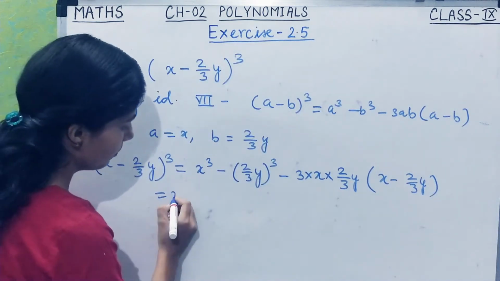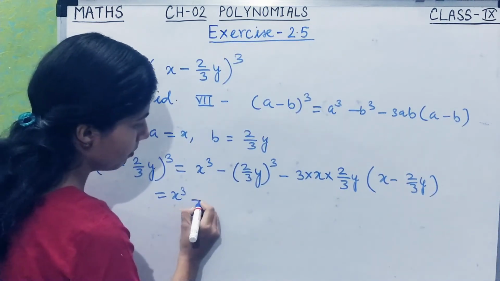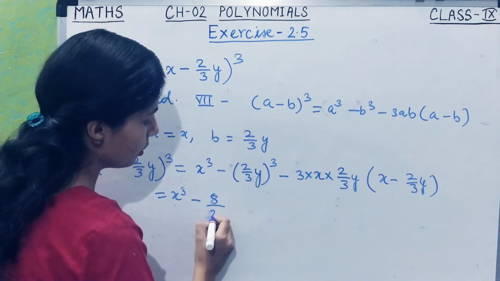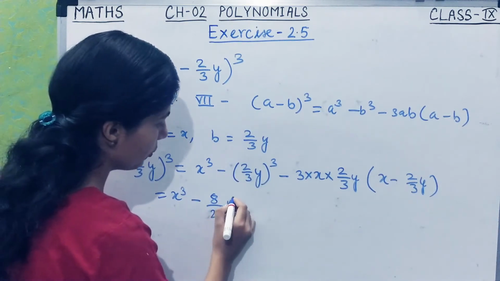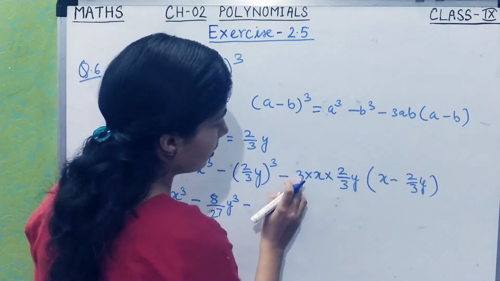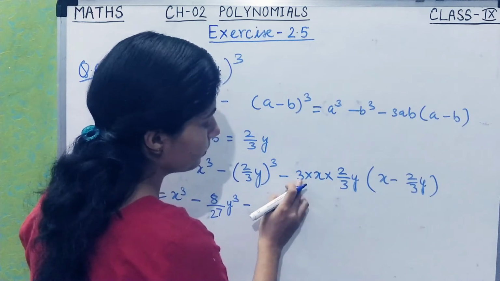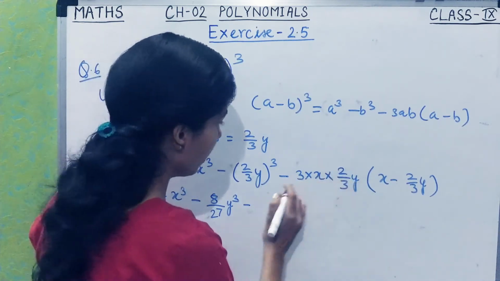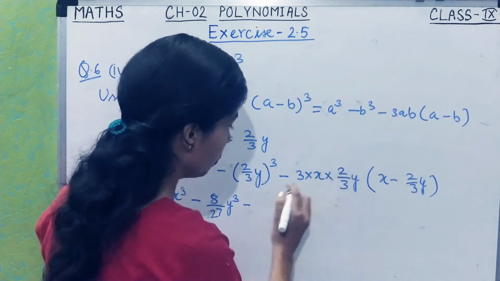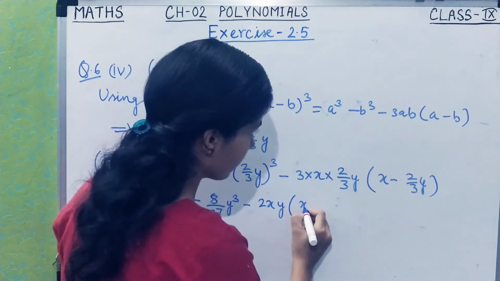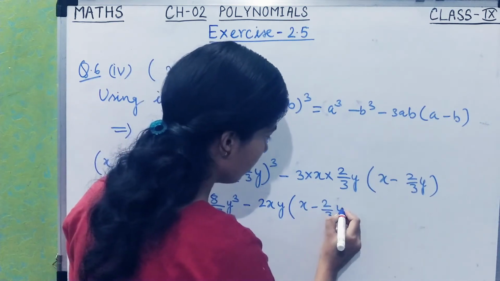So x cube will be as it is, minus cube of 2 is 8 and cube of 3 is 27, so 8 upon 27y cube. Minus, see here, 3 is common in numerator and denominator, so these will be cancelled out. So we are left with 2xy in bracket (x minus 2 upon 3y).